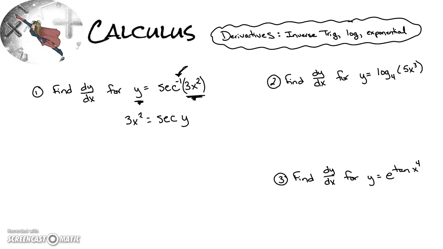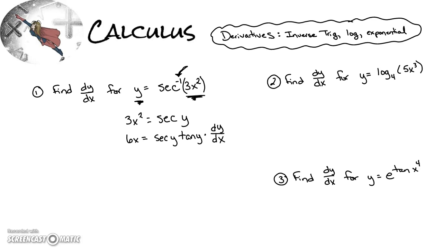But I start taking the derivative, so I get 6x equals, and the derivative of secant is secant tangent, so I'm going to have secant y tangent y times dy dx, because I had to do this implicitly since the y wasn't alone.